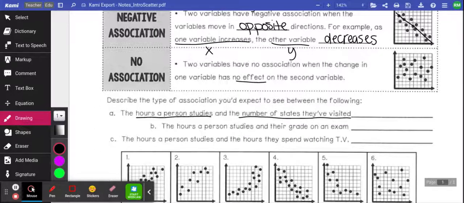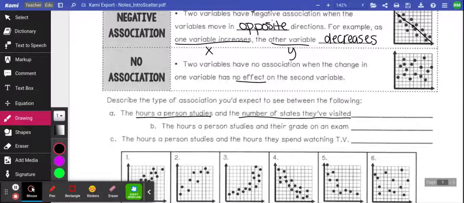So that's the two pieces of data that we're comparing. The more hours I spend studying, what effect does that have on the number of states I visited? Am I going to visit more states because I studied more? Am I going to visit fewer states because I studied more? Or is there no relationship there?